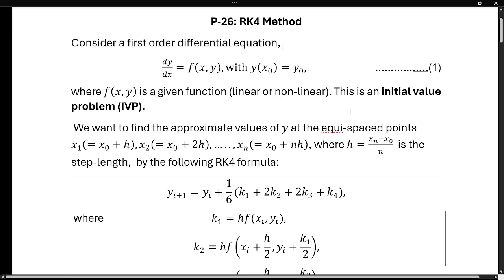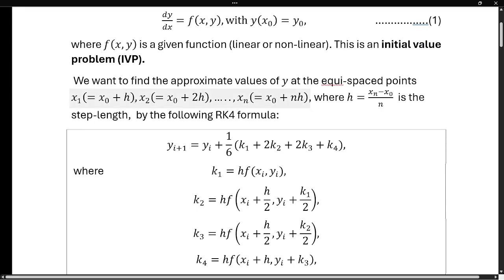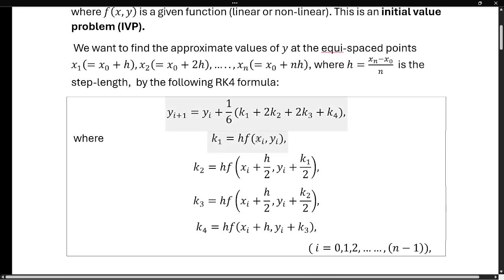This f(x,y) is linear or non-linear, and the formula for Runge-Kutta fourth order method is y(i+1) equal to yi plus 1/6 (k1 plus 2k2 plus 2k3 plus k4), where k1 equal to h f(xi, yi), k2 equal to h f(xi plus h/2, yi plus k1/2), k3 equal to h f(xi plus h/2, yi plus k2/2), and k4 equal to h f(xi plus h, yi plus k3).